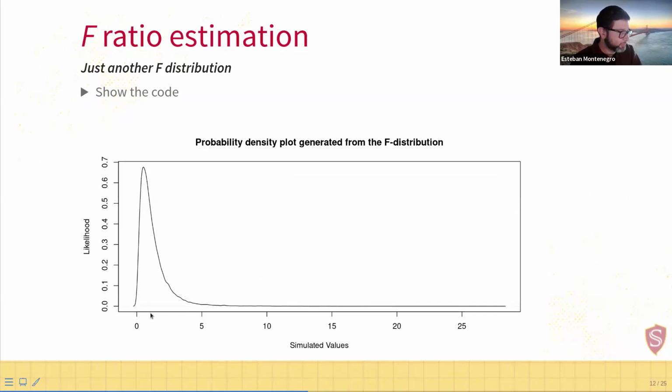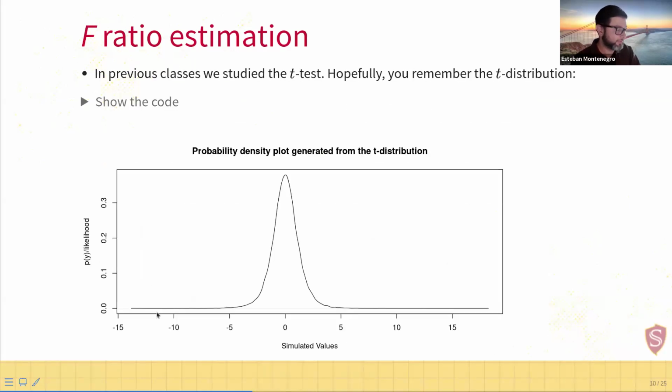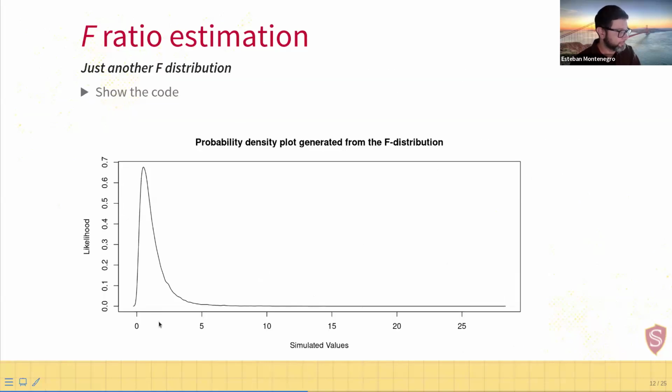In this simulated data, I have positive values, right? And actually, the F value only has positive values. It cannot be negative, while the t-test could have negative values. That's correct. And the mean could be, as I said, located at different places.